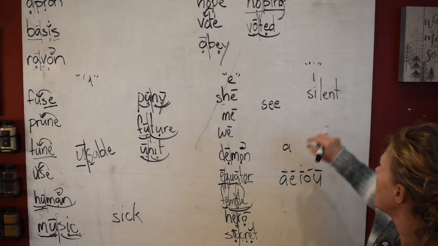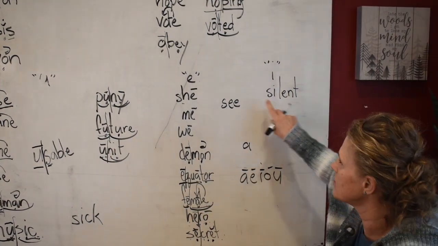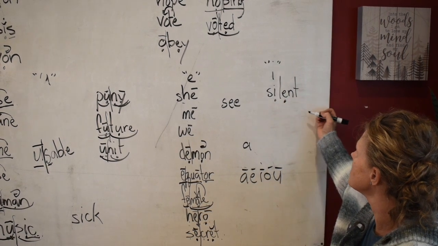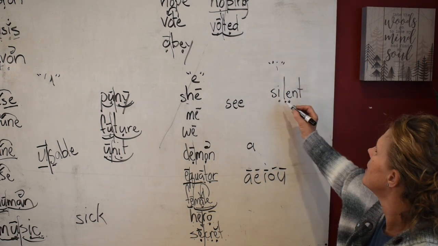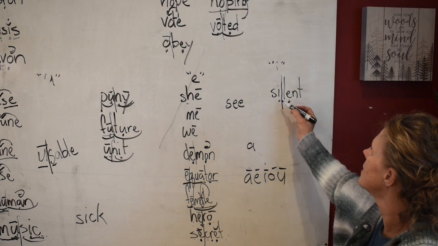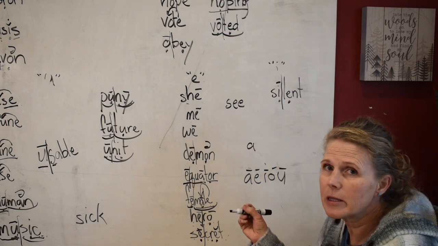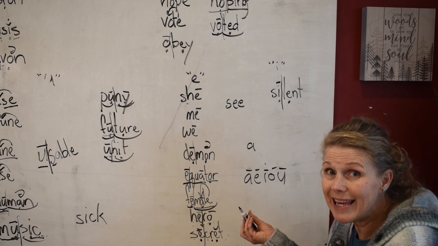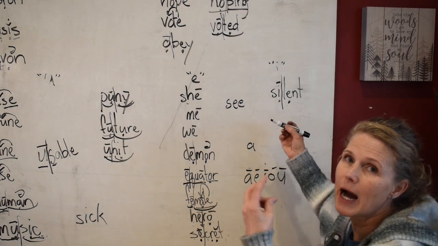I only did one word with the I, just because we did so many the other way. So now we're going to find our vowel, and this is the I. There's one in the middle. I'm going to pull it, and this is going to force this I to be long. Now I's can be a little bit tricky, because in the middle of a word it will say its short sound most of the time, but at the beginning of words it will say its long sound.